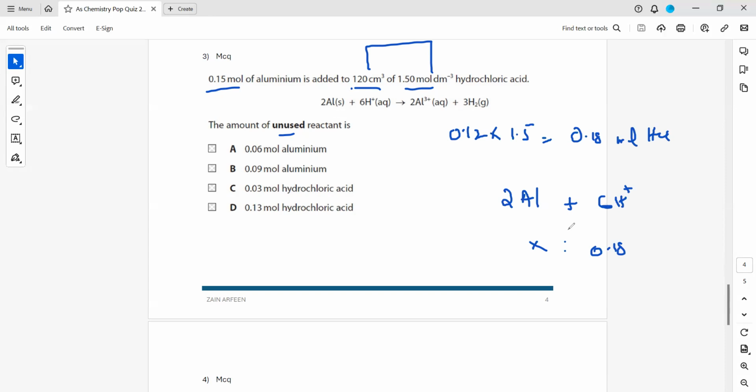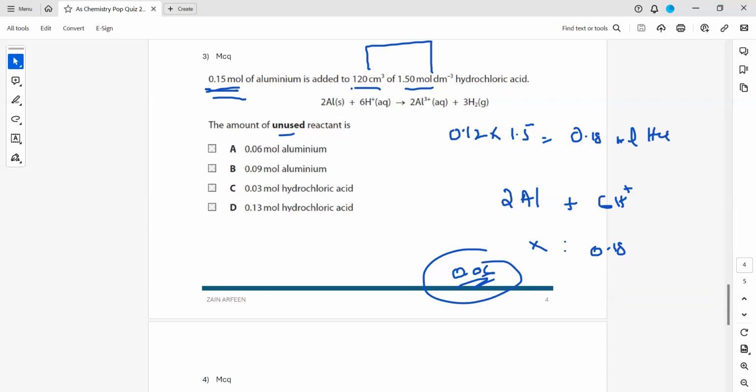So we need 0.06 for a complete reaction, but we have 0.15. So we have more than what we need for a complete reaction.